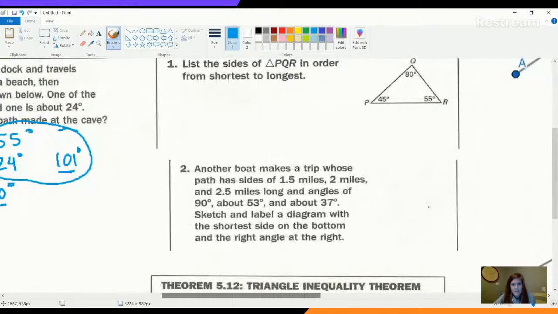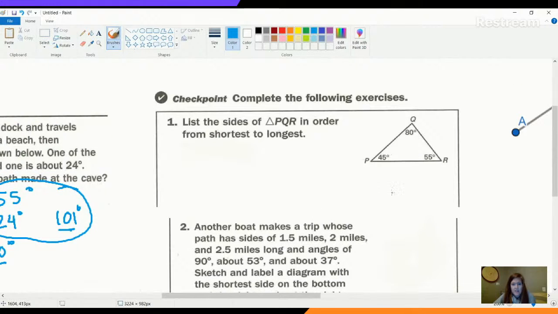Again, check yourself here. List the sides of triangle PQR in order from shortest to longest. So if I wanted to list the sides from shortest to longest, my smallest angle is right here, angle P. So that means my shortest side is QR, right?